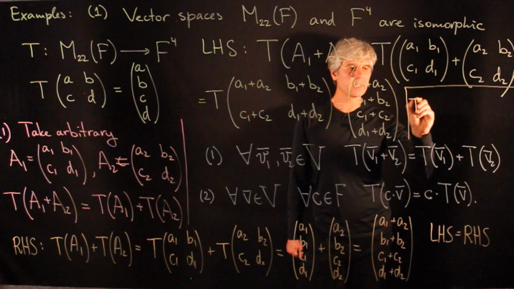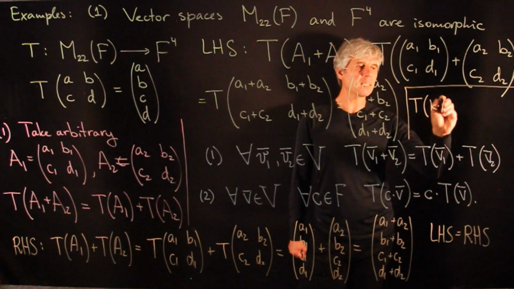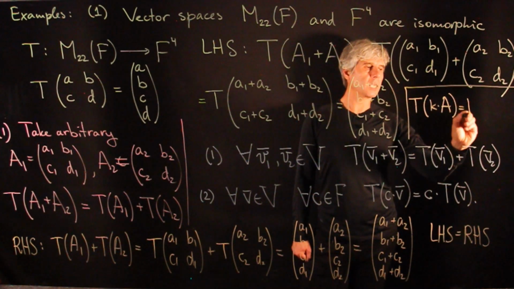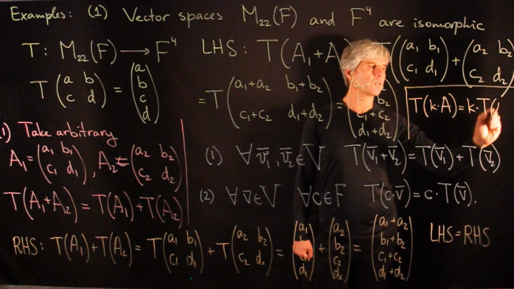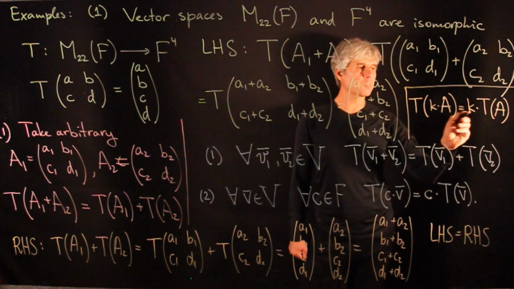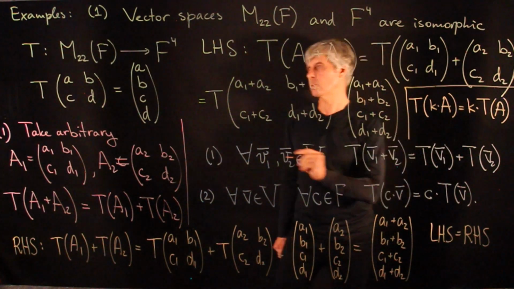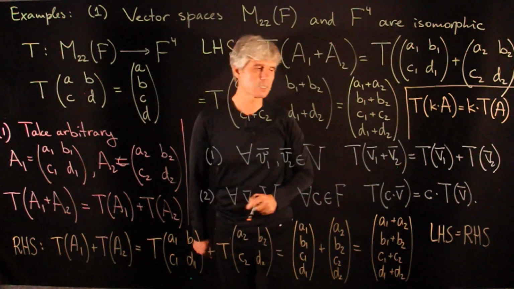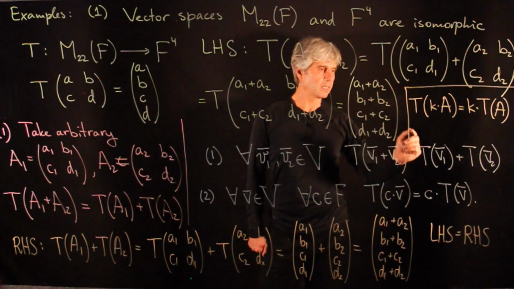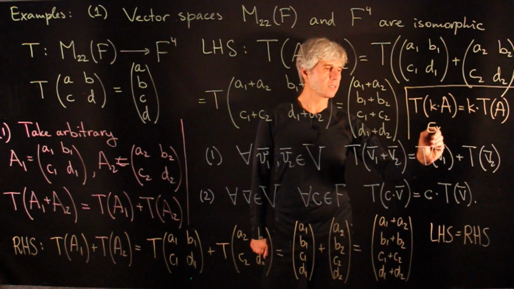So this will say that T of k times A is equal to k times T of A, right? So here it's better to use the scalar k instead of c, because we use c inside the matrix. All right, and so this is an exercise.